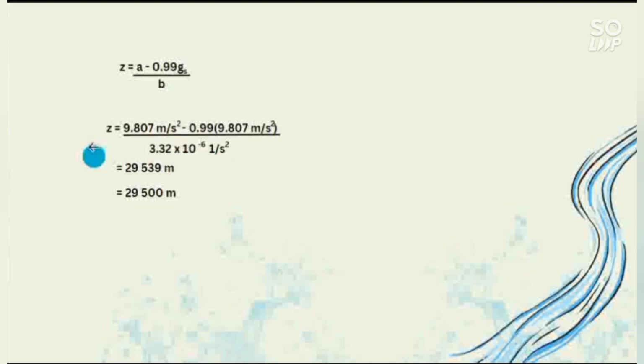So calculating all these values, we get 29,539 meters. So rounding off, we get 29,500 meters. We have rounded off the final answer to 3 significant digits. That is why we get 29,500 meters.